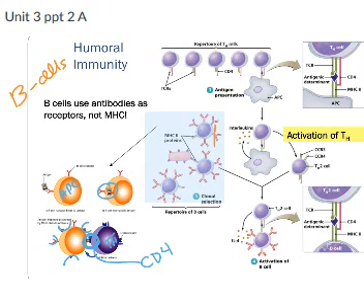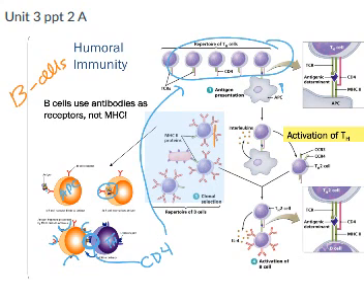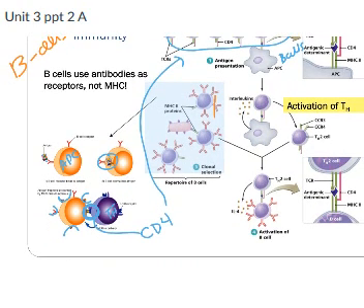Afterwards, we're going to go up here, lots of B cells are made. I'm going to write it down here for you. So first, a whole lot of B cells are proliferated. And next, B memory cells are made.